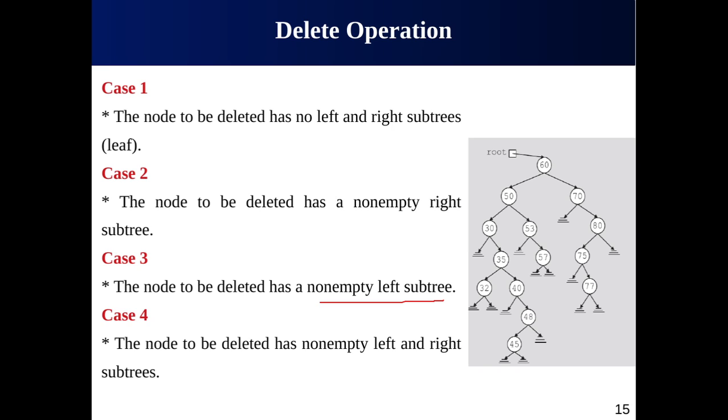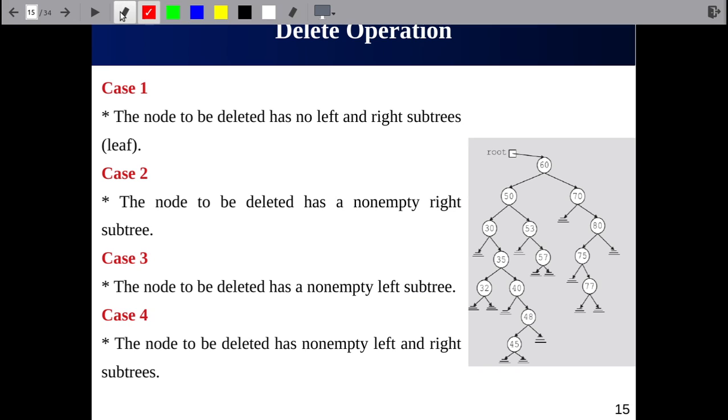The node to be deleted in this case has no right subtree. That is, the right subtree is empty, but it has a non-empty left subtree. One subtree must be present in case number 2, and also one subtree must be present in case number 3. The difference between these two is whether the missing subtree is left or right.